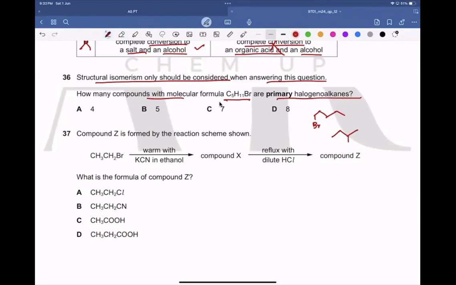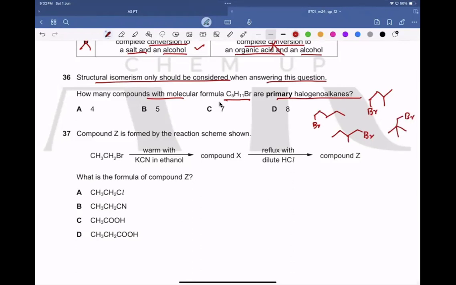Make a branch over here and put a bromine over here. So there is a second one. Then 1, 2, 3, 4, branch over here and bromine over here. So that is the third one. Then 1, 2, 3, 4, 5 carbons are like this, and this one has a bromine.